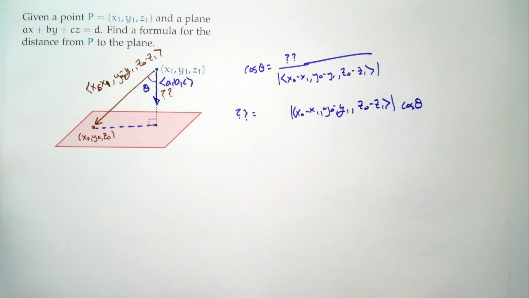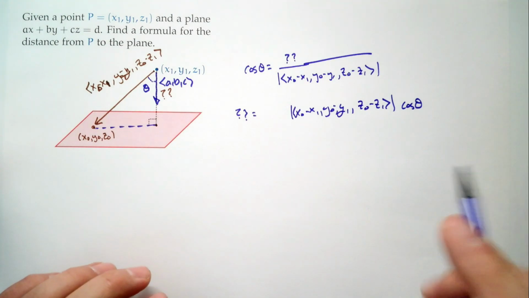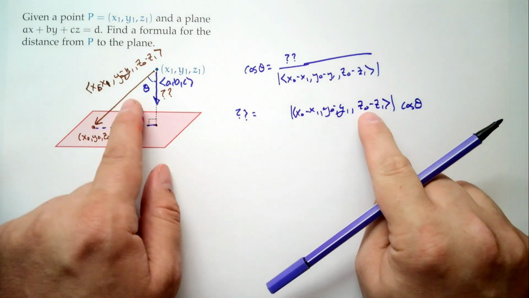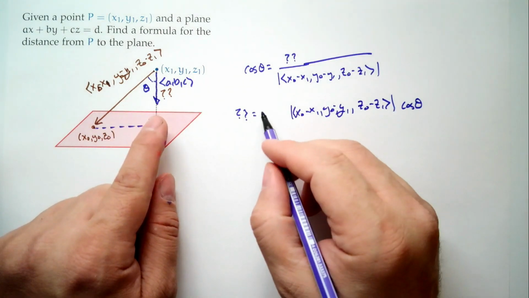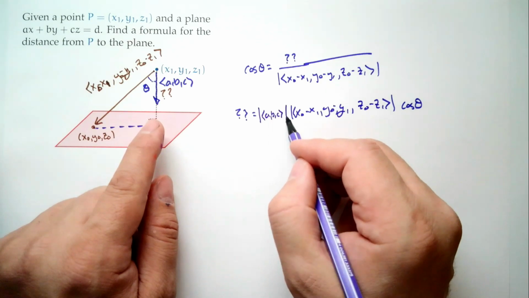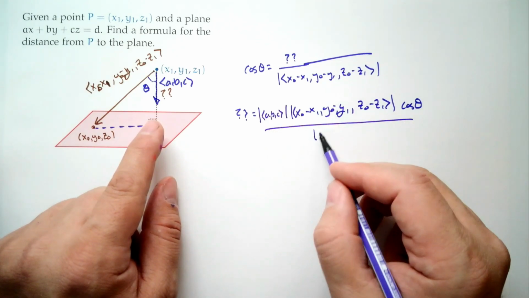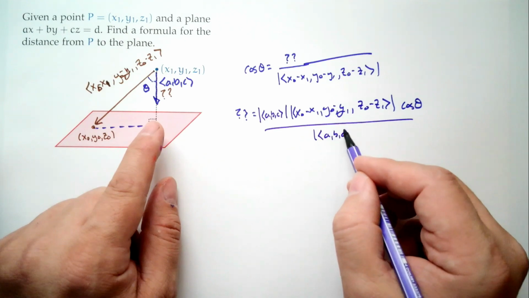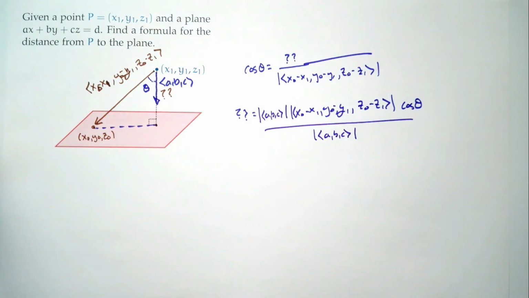All right. So, what do I need? Well, I have one of my vectors here. So, if I were to put in another vector here, let's say ABC, and divide by that vector ABC, then I'm good to go. Now I have a dot product.